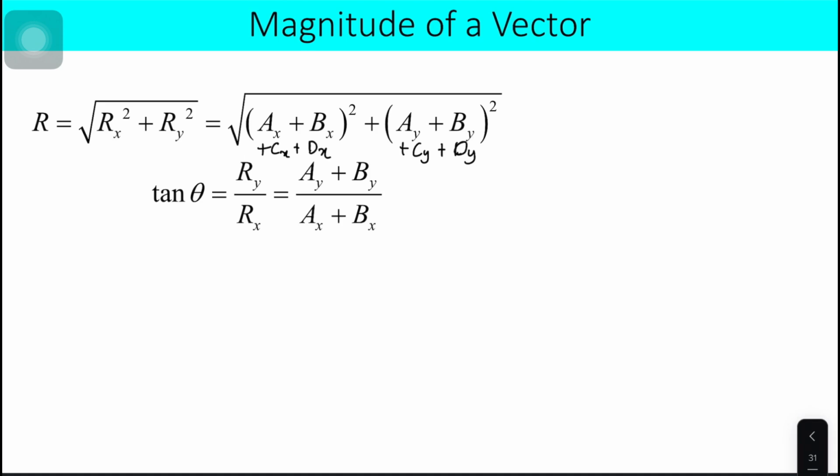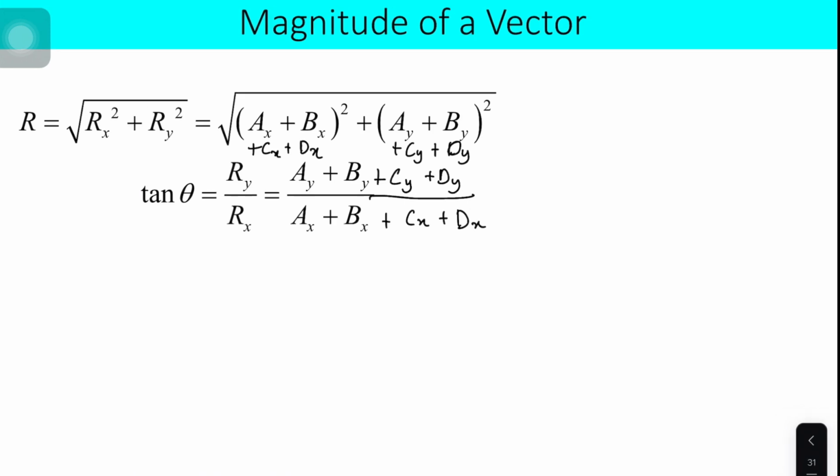Now for the angle, we are going to use tangent theta, Ry over Rx. Whatever it is, it is actually Ry over Rx. Don't be confused. Alright, so this is your resultant, and don't forget to finally sketch where your resultant lies.